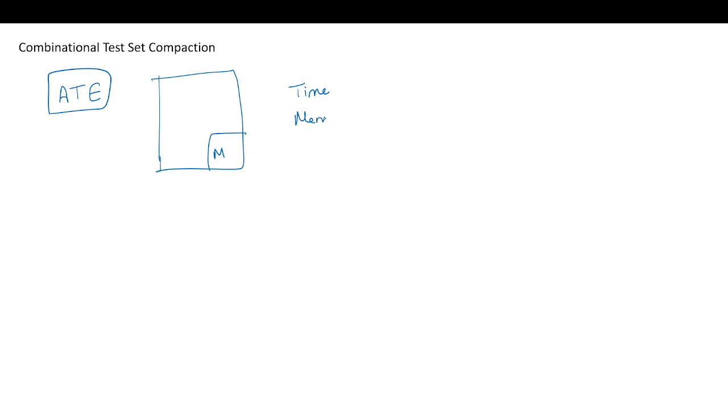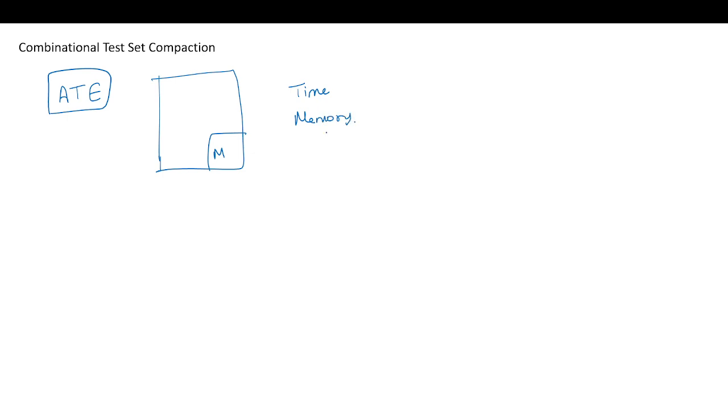So next is the test compaction. We want to reduce the test set size to reduce the test storage and the test application time, because for structural testing we use ATE, which is automatic test equipment. We have some memory, and ATE is costly, so we have to factor in time and memory.